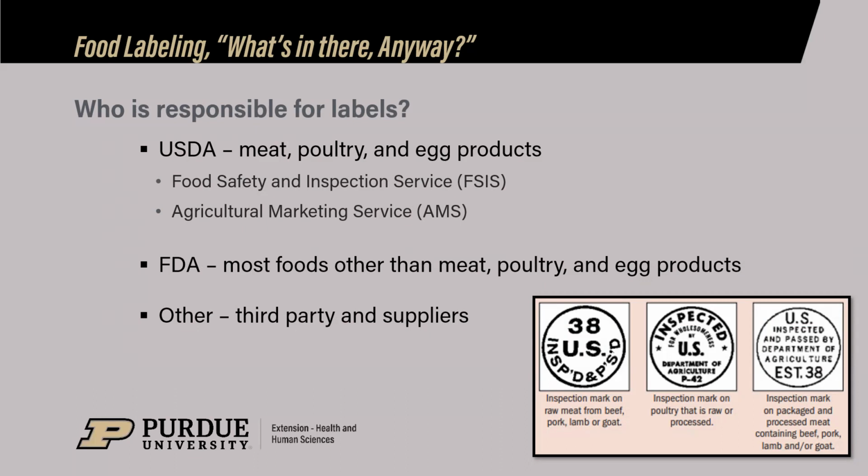So for example, if a meat wanted to put grass-fed on it, it would have to receive prior approval before it can put that label on the packaging. So the USDA needs prior approval before it can put labels on packages.